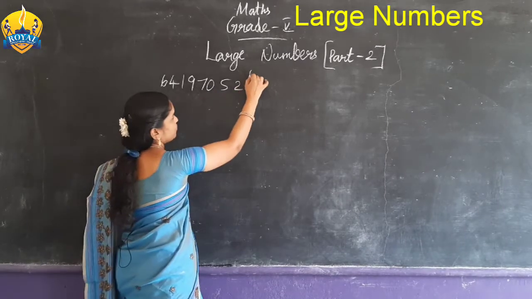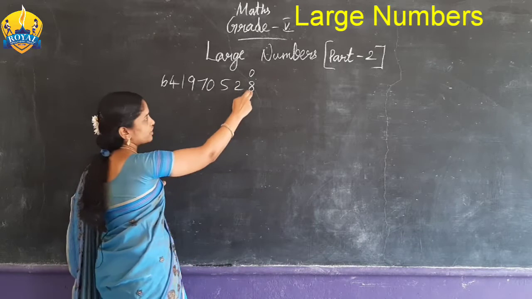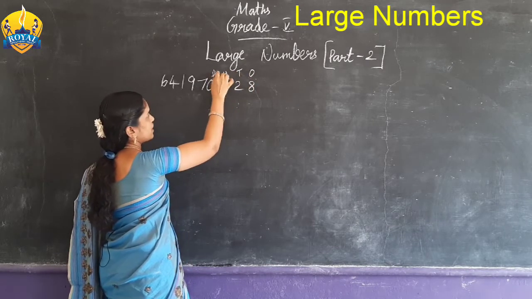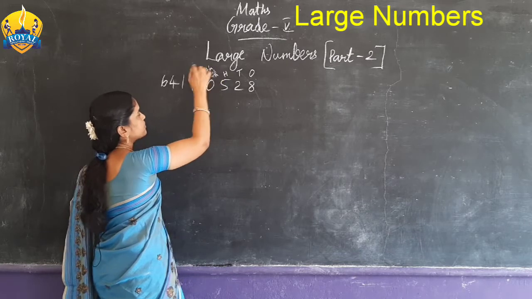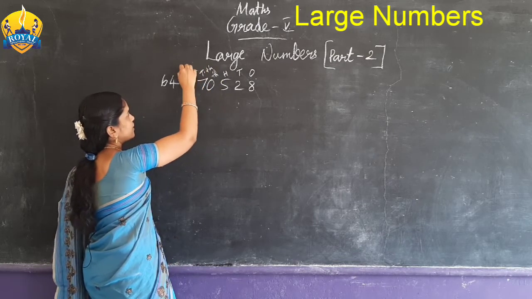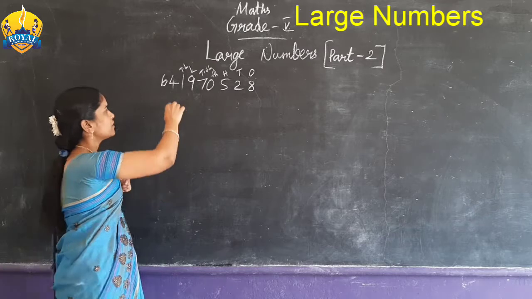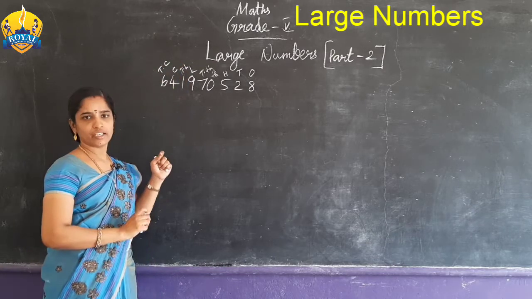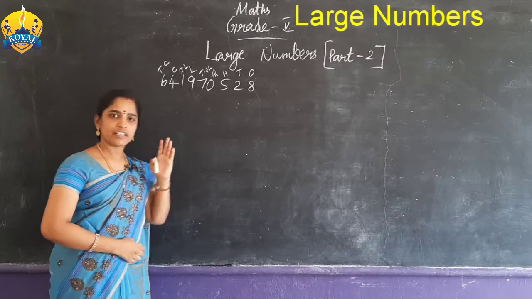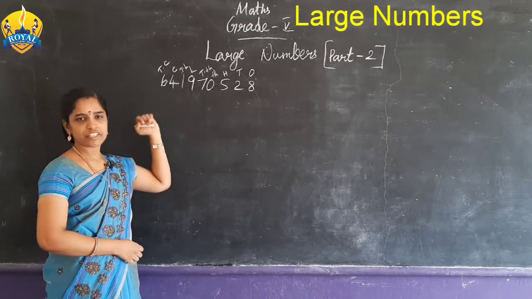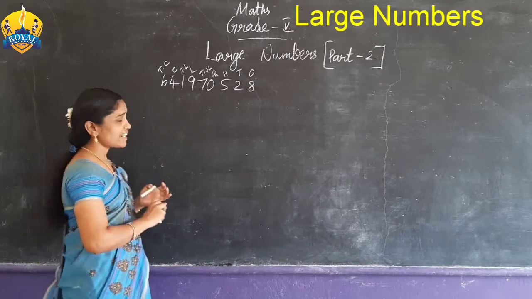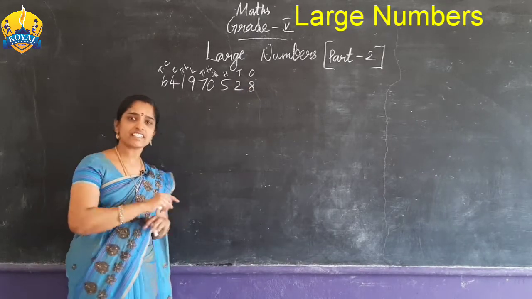So here: ones, tens, hundreds, thousands, ten thousands, lakh, ten lakh, crore, ten crore. I hope you all remember the Indian place value chart. Now write the place value of each digit in the numeral.